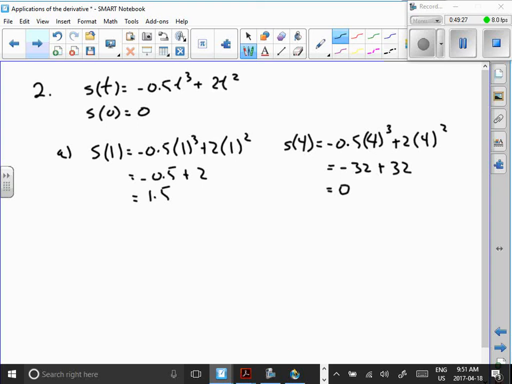What's this mean? It's not the derivative. And so what's happened to the particle? Yeah, Josh. It's gone back to where it started.